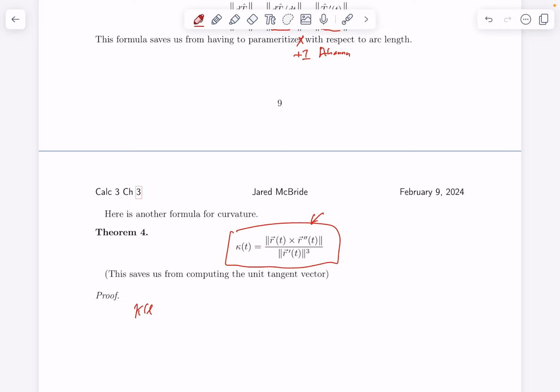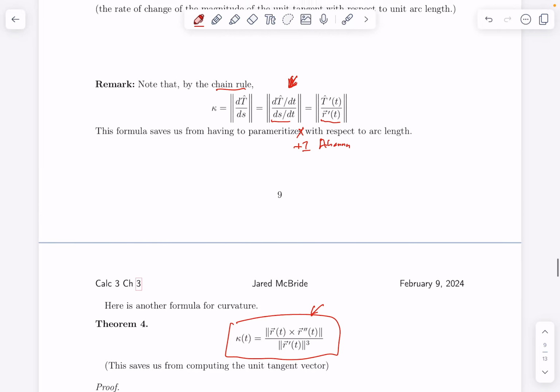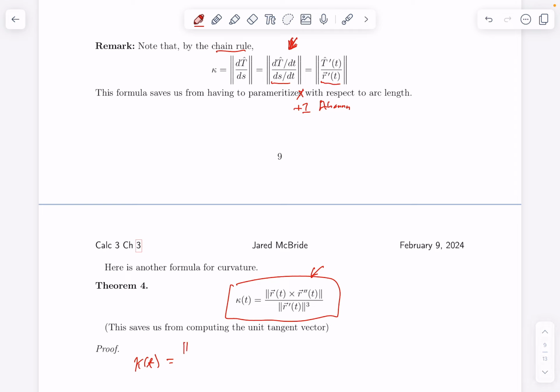Let's start with this observation here. So kappa of t equals the magnitude of the derivative of t hat.